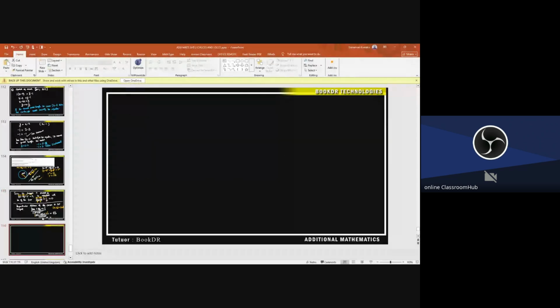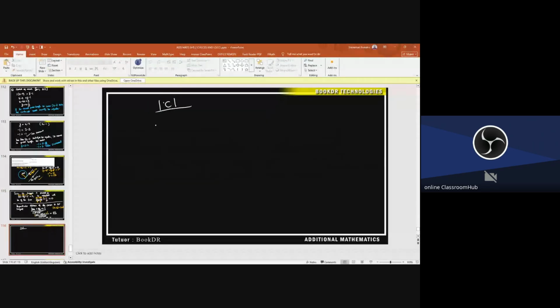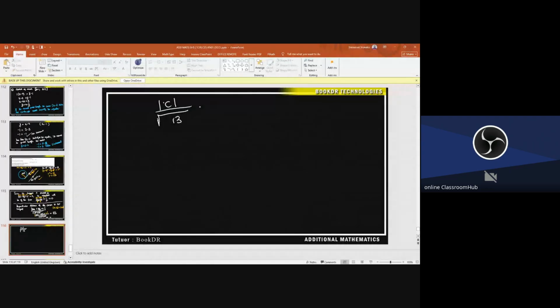So we have absolute c left because we have 0, 0 over the square root of 9 plus 4, and that will give us the square root of 13 equal to the square root of 13. Then we multiply by root 13, then we'll get 13. It means our c is equal to either positive 13 or negative 13 when you remove the absolute sign.